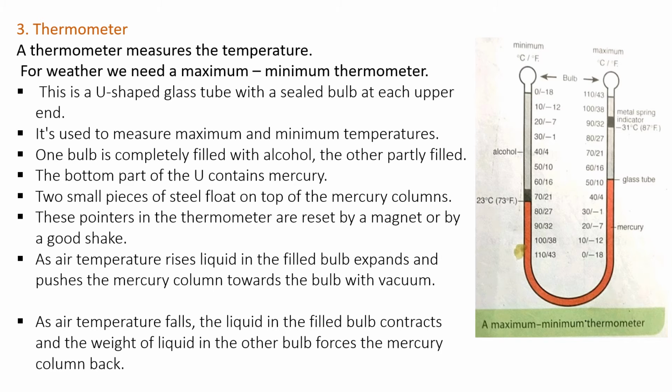When the mercury in the hot side goes back down, it means that the temperature has fallen. It leaves the steel marker behind so that we can see the highest point recorded. The cold column does the same, except when the temperature rises, the steel marker is left at the bottom to record the lowest temperature that it has reached.